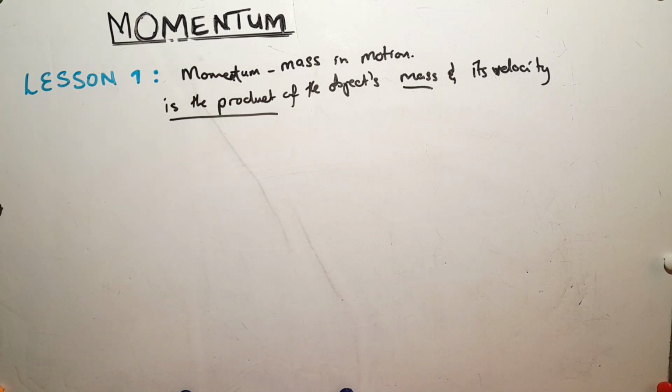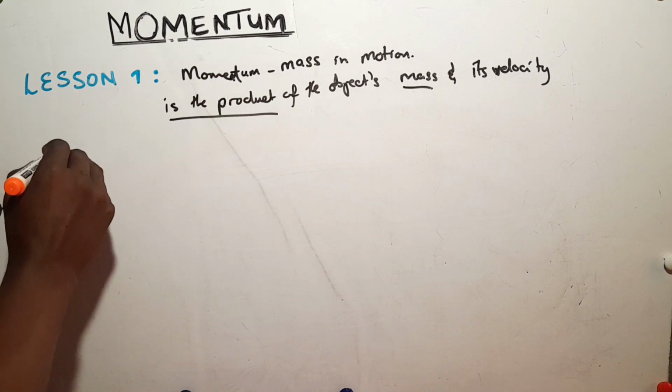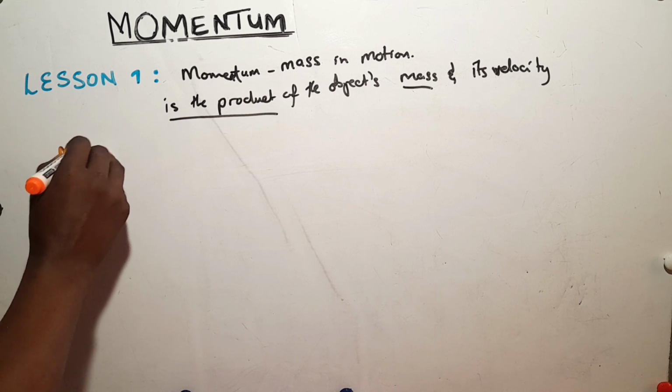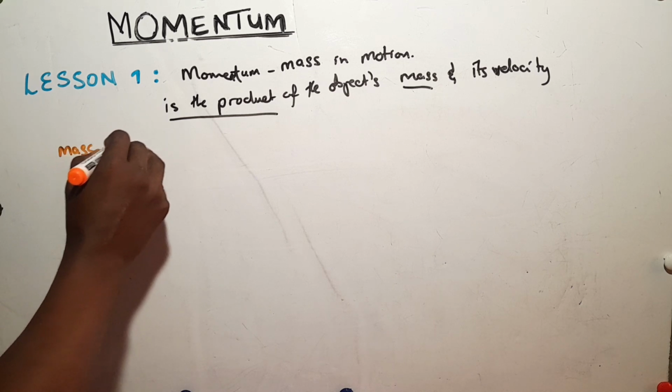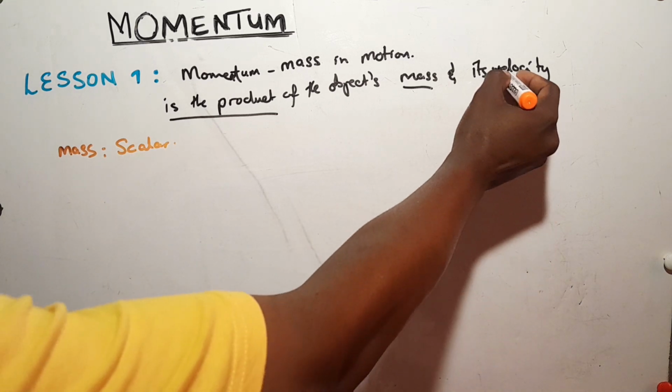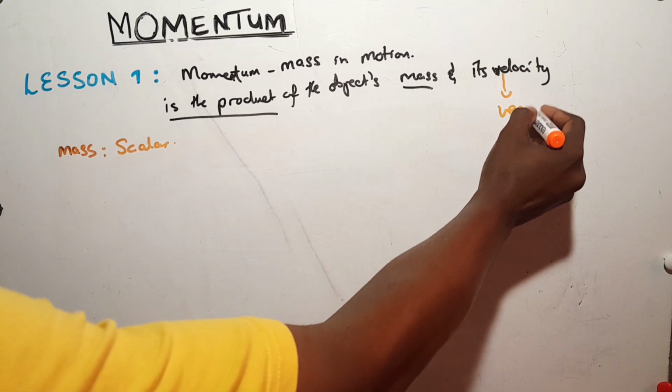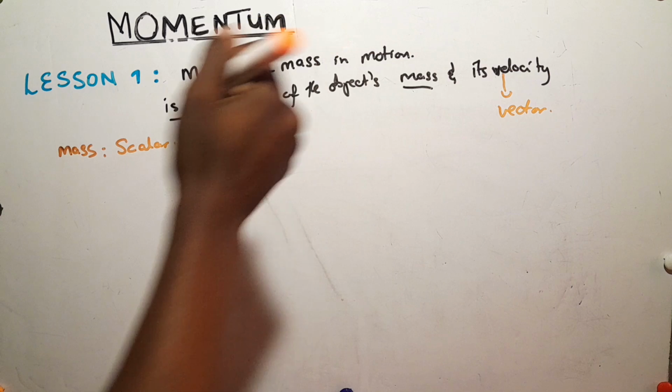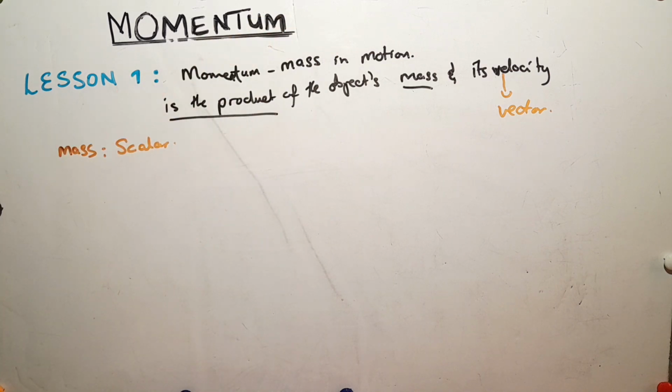So we know that mass is a scalar quantity, and velocity is a vector quantity. So momentum becomes a vector quantity, since we are multiplying a scalar with a vector. How do we represent momentum mathematically?